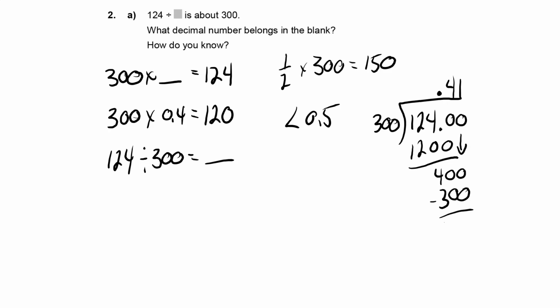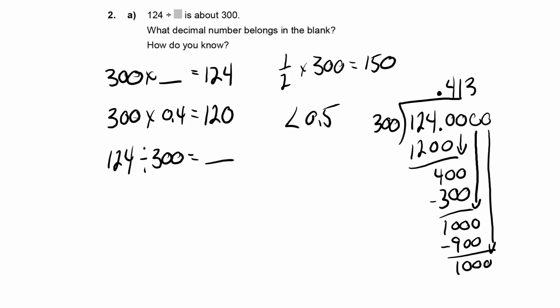Subtracting 400 minus 300 gives us 100. Bring down another 0. 3 times 300 is 900. 1,000 minus 900 is 100 again. And so now we're going to see that we keep getting repeating 3. So the answer we were looking for here was 0.413 with the 3 repeating.